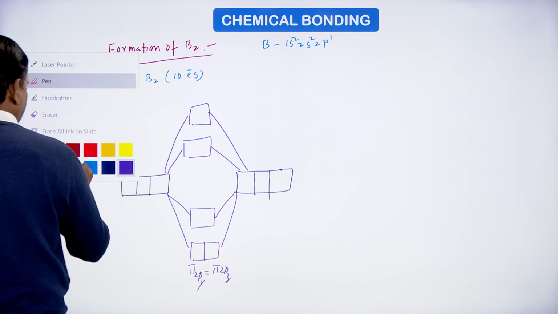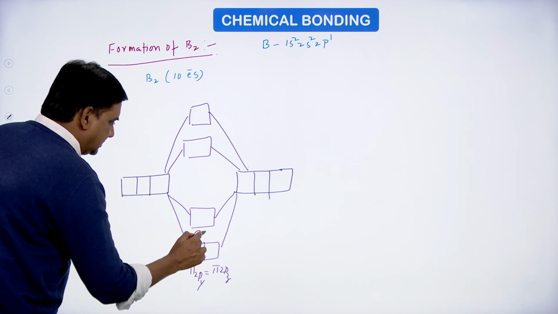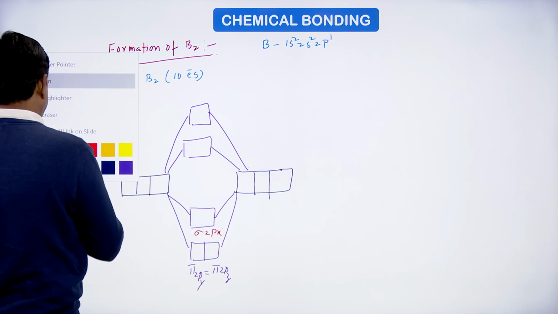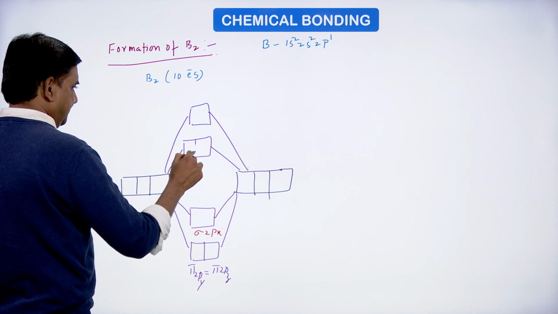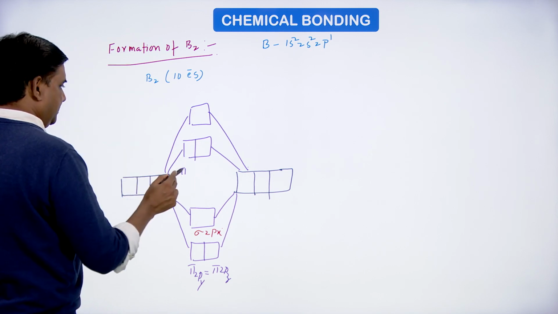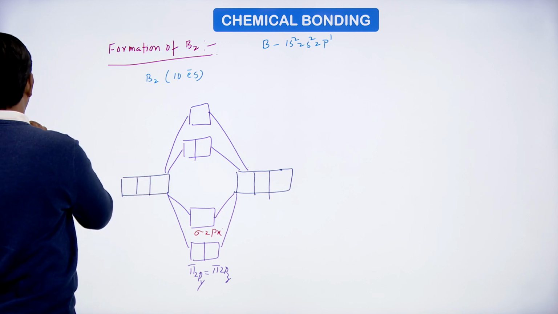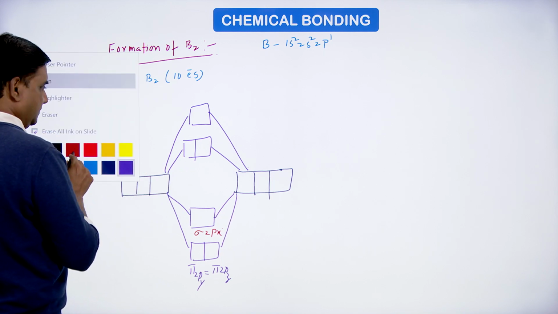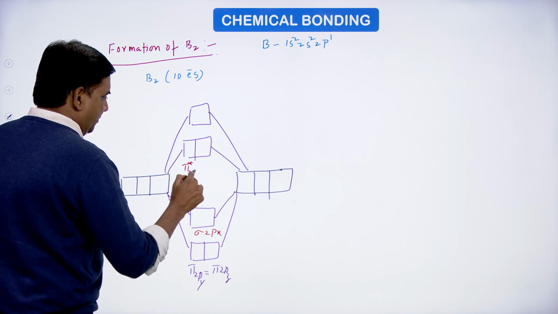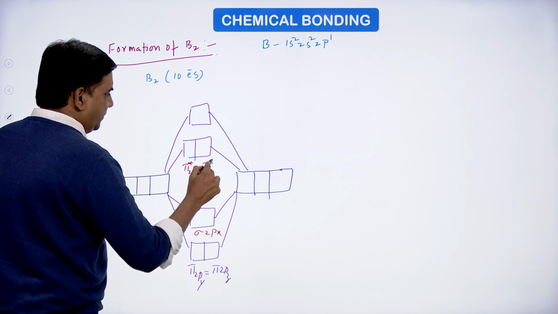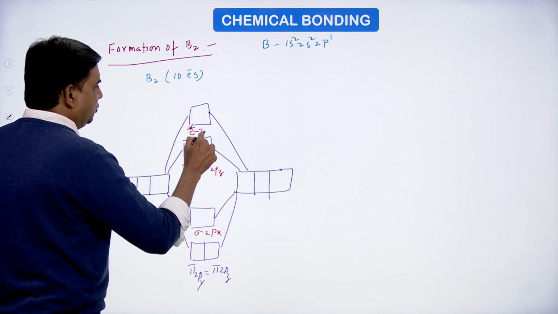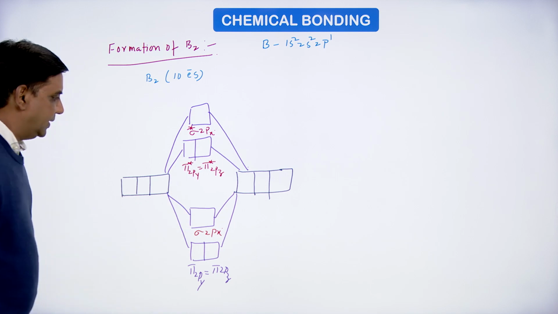If you take this one, sigma 2 Px, pi star 2 Py is equal to pi star 2 Pz, and this is sigma star 2 Px.